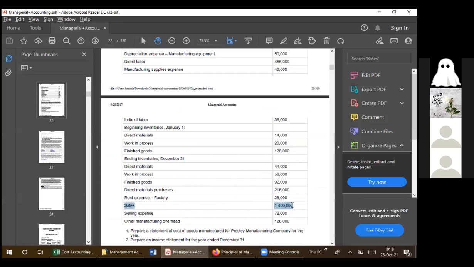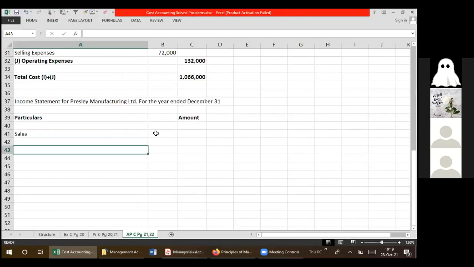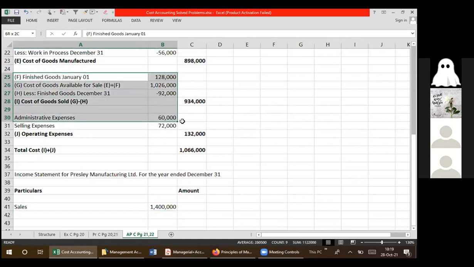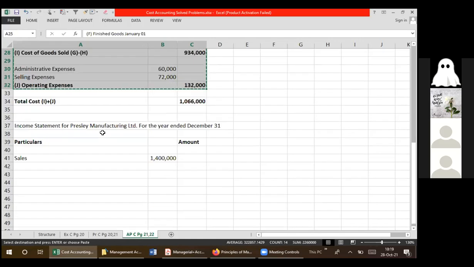Sales for the company are 1.4 million. And we just bring this section over to the income statement. All of this.